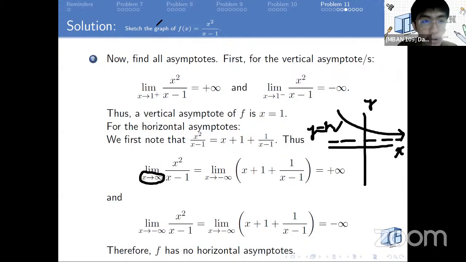Ikukuhanin natin yung limit of f of x as x approaches positive infinity of x plus 1 plus 1 over x minus 1, and the limit of x plus 1 plus 1 over x minus 1 as x approaches negative infinity.